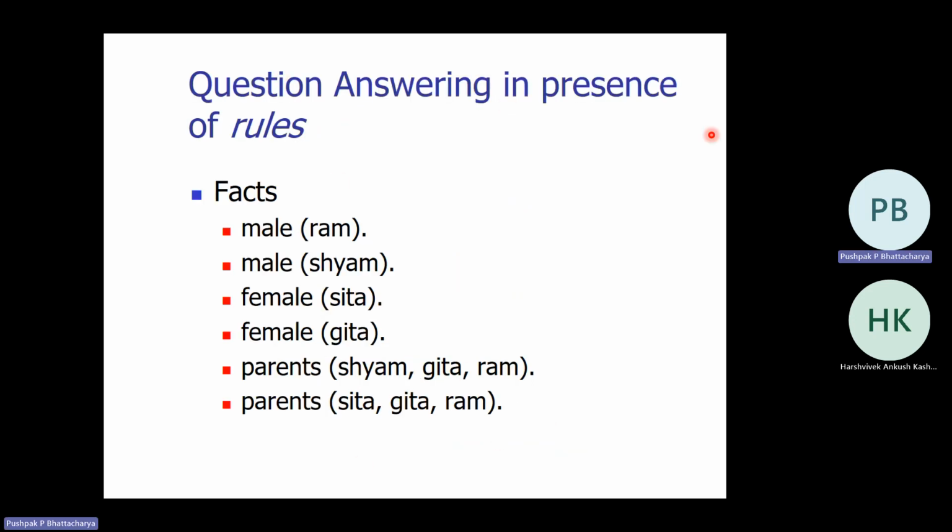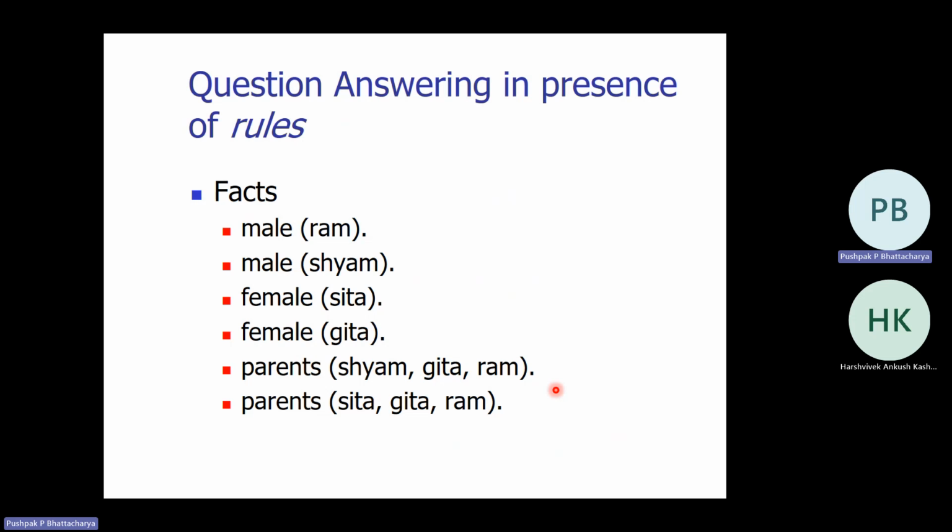Question answering in the presence of rules. Let's have these facts: male(ram), male(sham), female(sita), female(gita). Parents of Sham are Gita and Ram. Parents of Sita are Gita and Ram. A kinship database is created here. Ram and Sham are males, Sita and Gita are females.